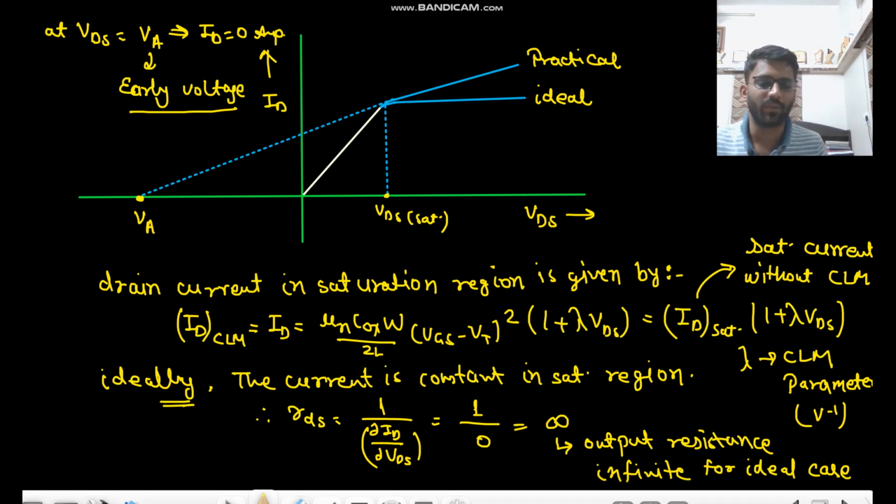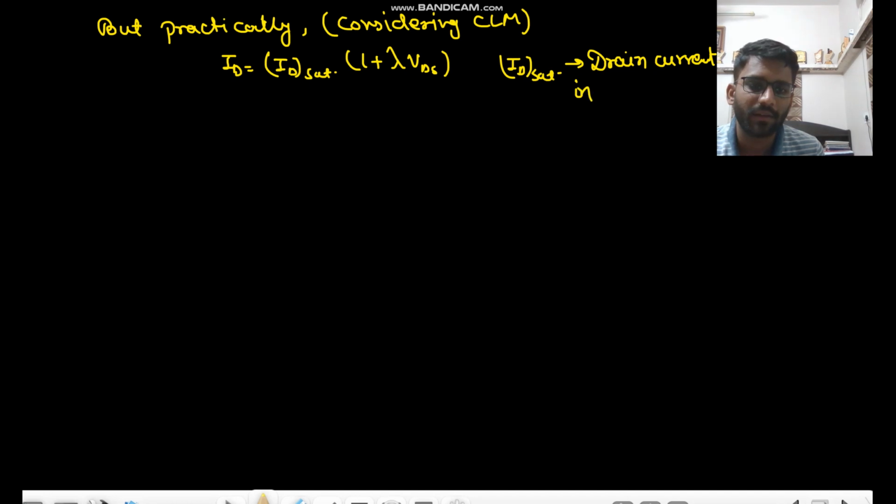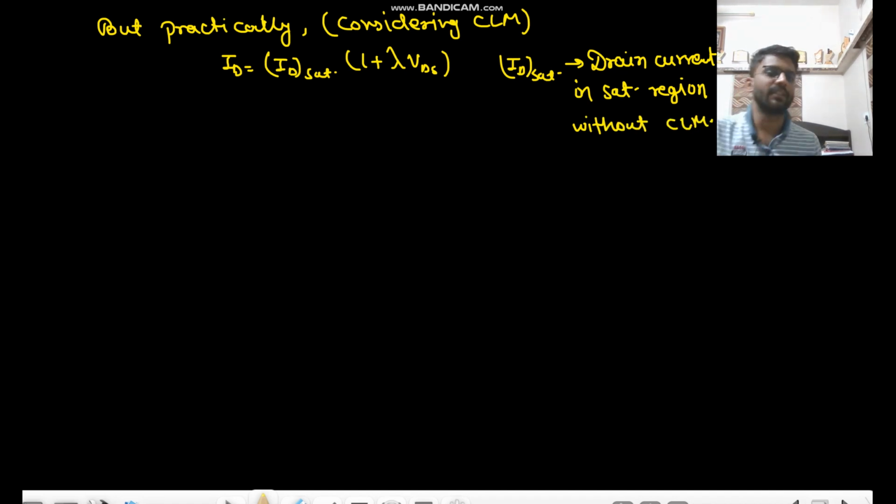This is the current formula, and now we are considering the practical case, considering channel length modulation. ID sat is the drain current in saturation region without considering channel length modulation.